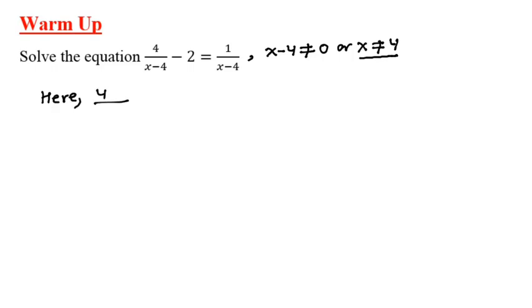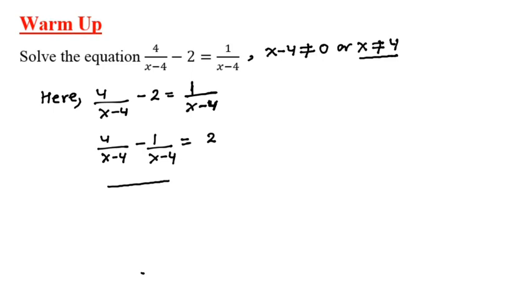Here we have 4 divided by x minus 4, minus 2, equal to 1/(x minus 4). If I try to bring the x terms on the left hand side, I have to move 1/(x minus 4) to the left hand side, so it will be -1/(x minus 4), and equal to, if I add 2 on both sides, 2.